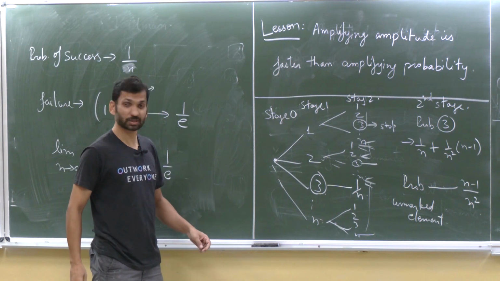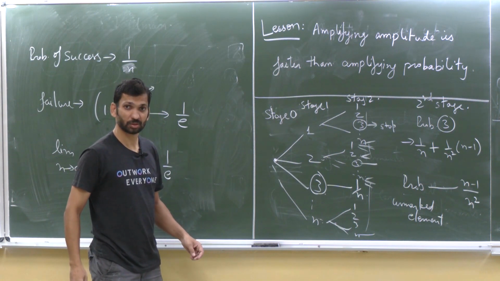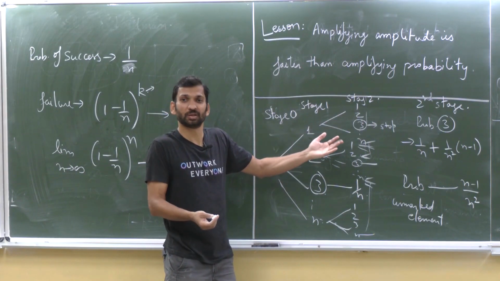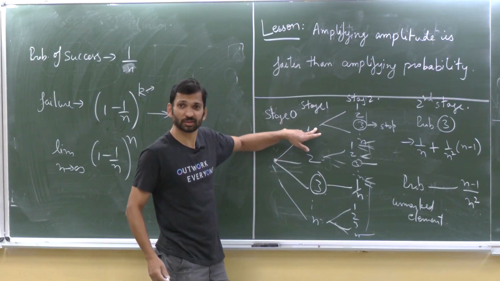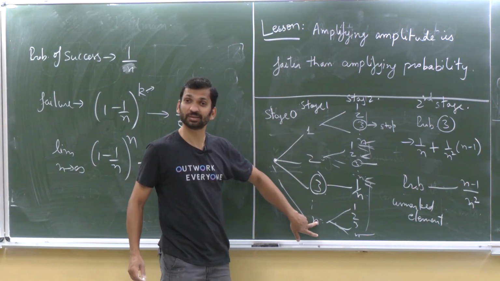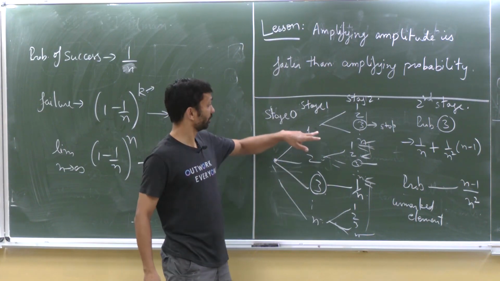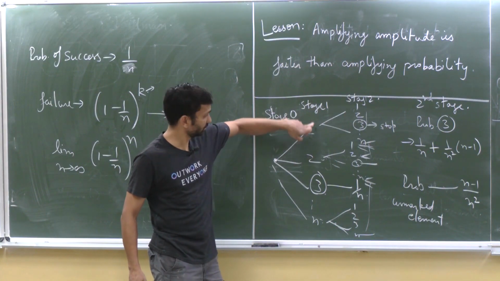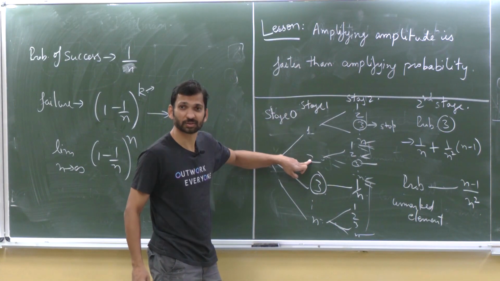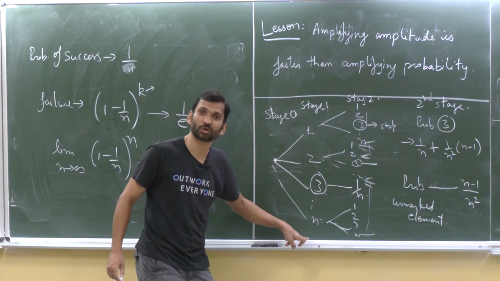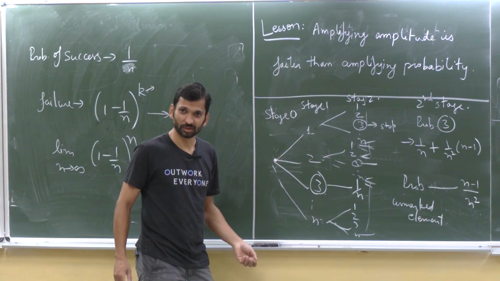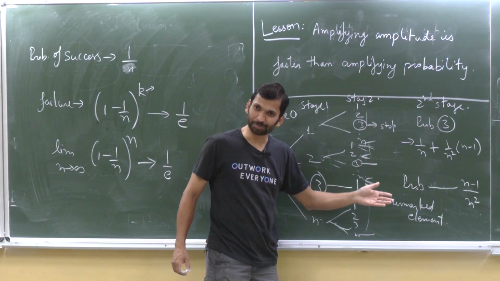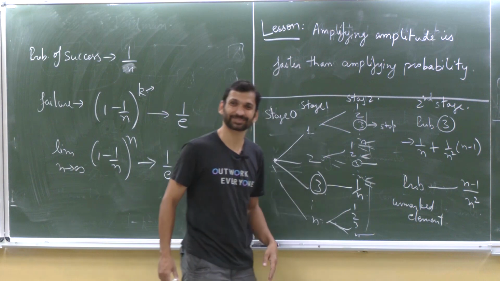No, not n minus 1 square. What about the probability of 1? I will get 1 if I come from here, or here, or here. What is the probability that I get 1 from here? 1 by n square. What is the probability that I get 1 from here? 1 by n square. There are n minus 1 of these. And you can check all this by the law of probability. It should sum up to 1.